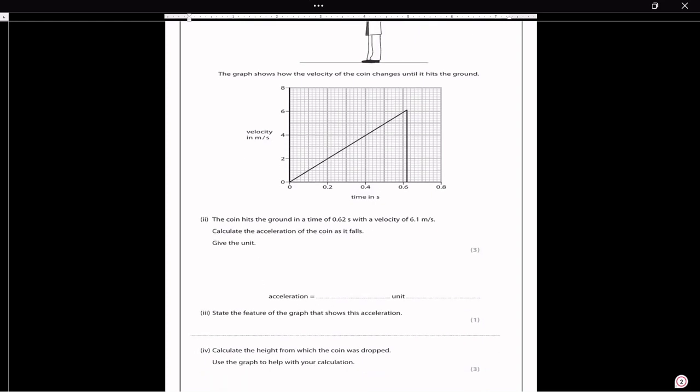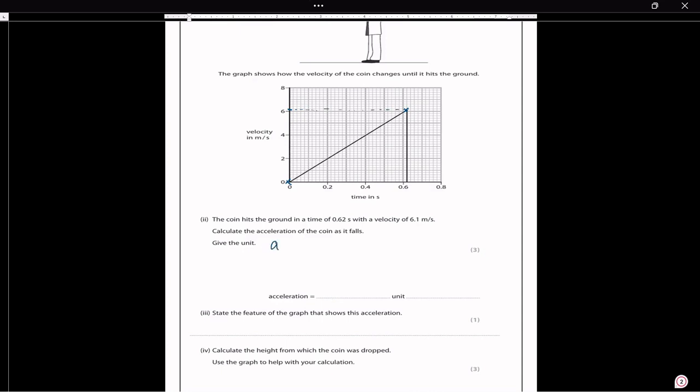So this we have to do from the graph. This is the final velocity. It comes as some 6.1 this way, okay? 6.1, and the initial velocity is 0.